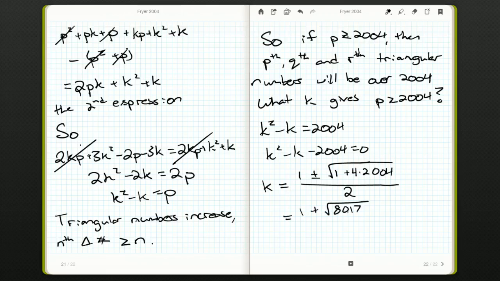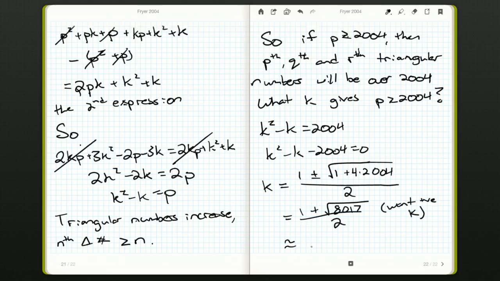8017, does that have a square root? We can just check on our calculator. It's not one I have memorized if it is. No, it's about 89. We want a positive k value is my point, because k is the difference and q has got to be greater than p.